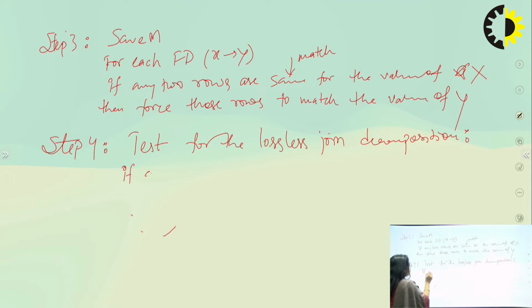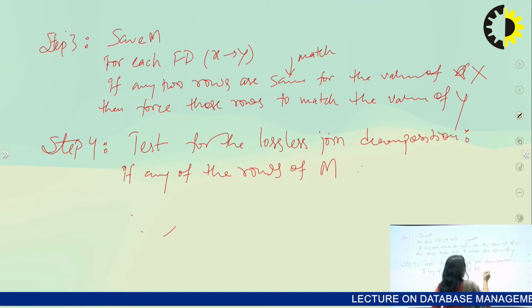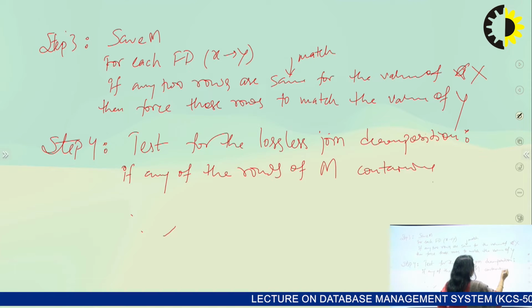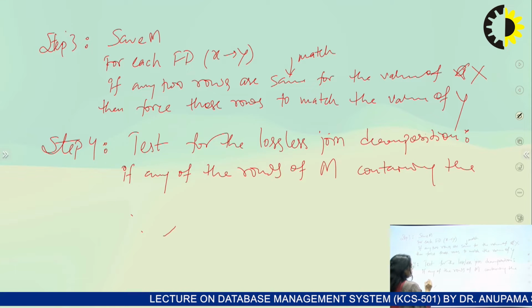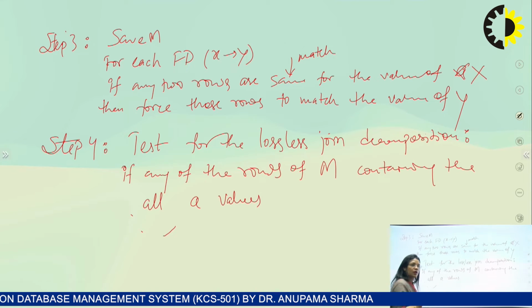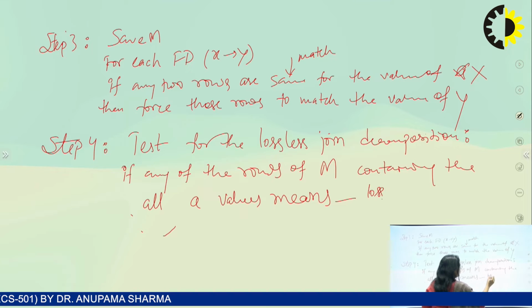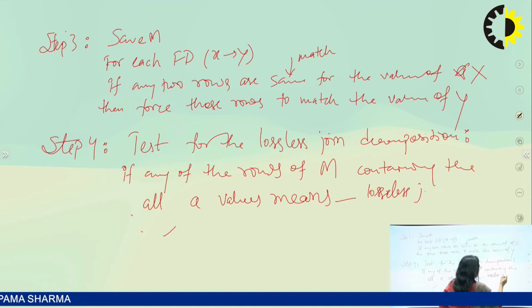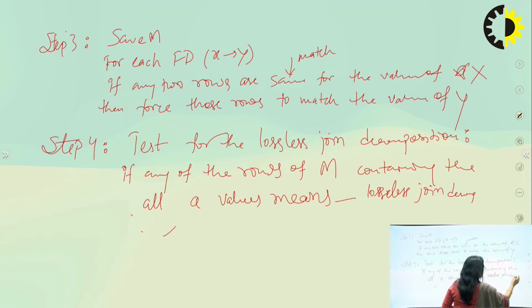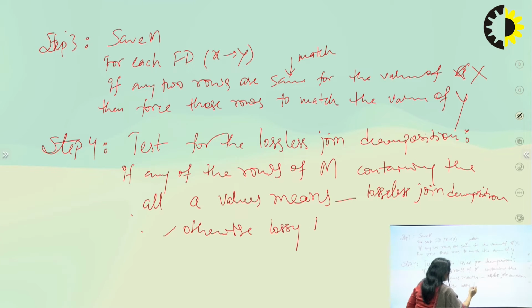If any of the rows of M contains all A values, it means lossless join decomposition, otherwise lossy decomposition.